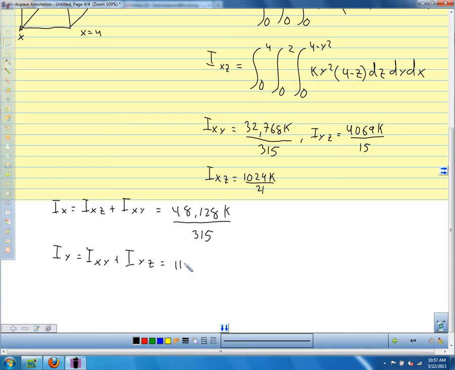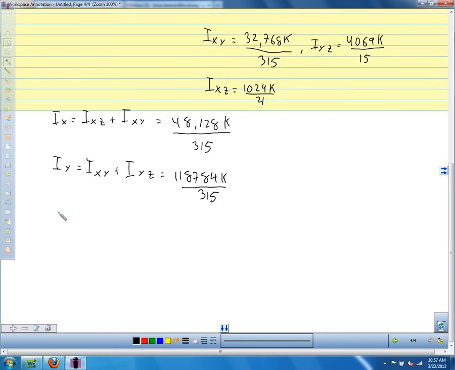And I get 118784k over 315. And finally, I sub z, I sub xz plus I sub yz. And when I sum those, I get 11264k over 35.